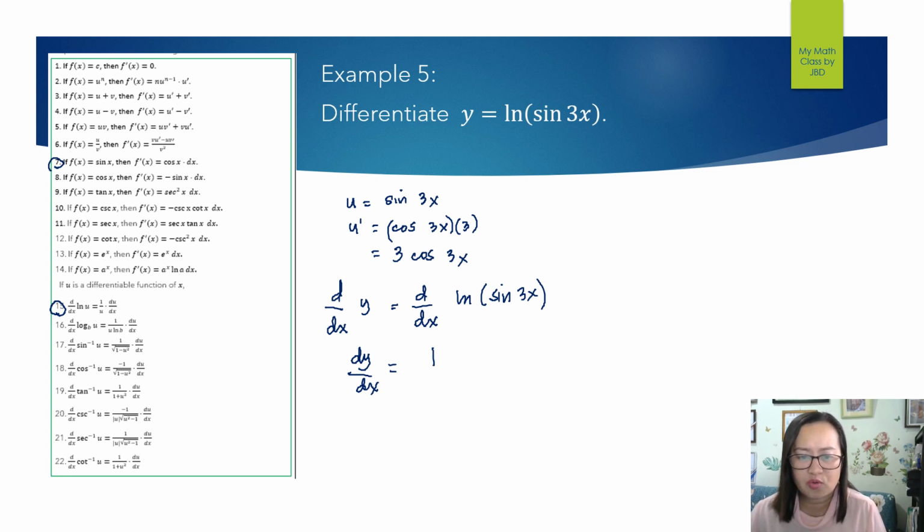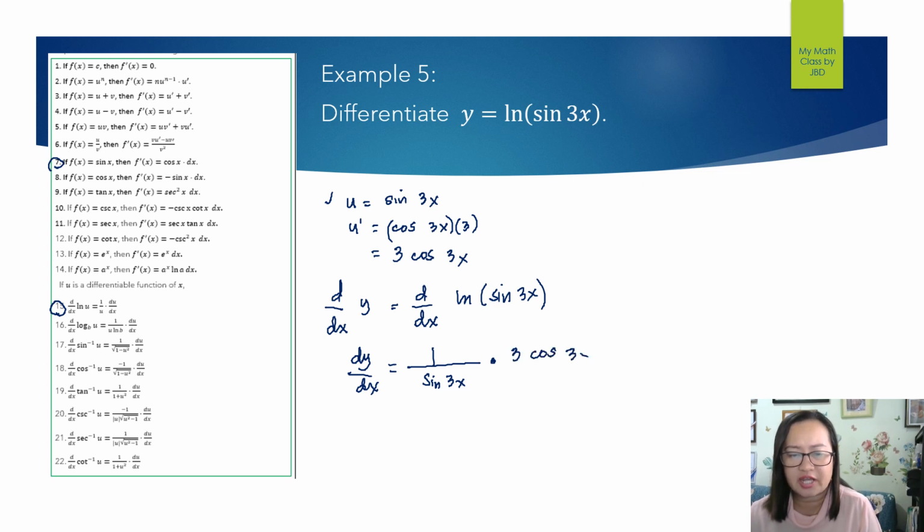So we have 1 over u. So take note, our u is sine 3x. So we will have sine 3x in the denominator. Then the derivative of u is 3 cosine 3x. Performing multiplication, we will have 3 cosine 3x over sine 3x.